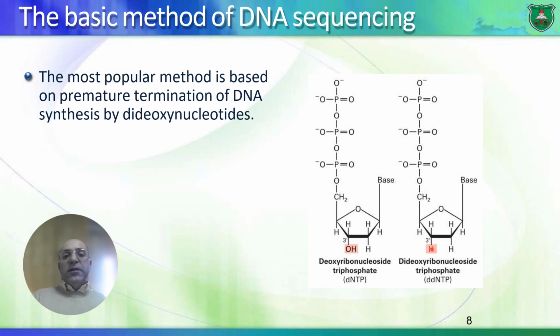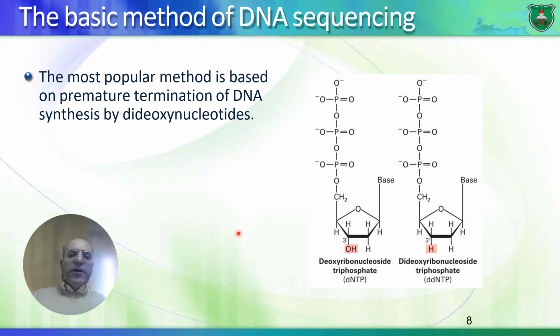This means that this substrate, when added to DNA, cannot form a phosphodiester bond. And we say that synthesis of DNA is terminated. It stops when this molecule is inserted into the DNA. So that's the whole purpose of the dideoxy triphosphate.